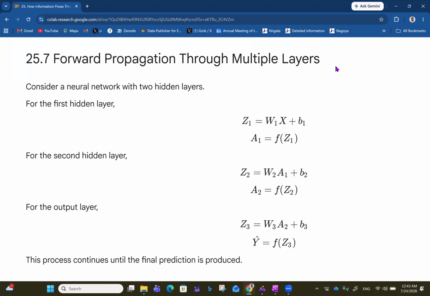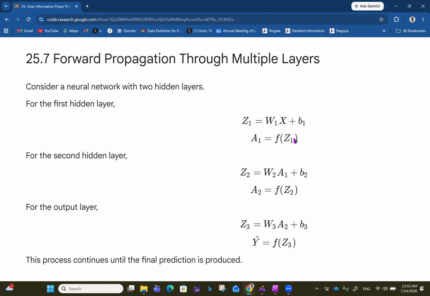Now, forward propagation through multiple layers. Consider a neural network with two hidden layers. For the first hidden layer, you have Z1, which is W1X plus B1. The first activation function gives A1, that's f(Z1). And then whatever the A1 you get here comes to the second layer where you have Z2.